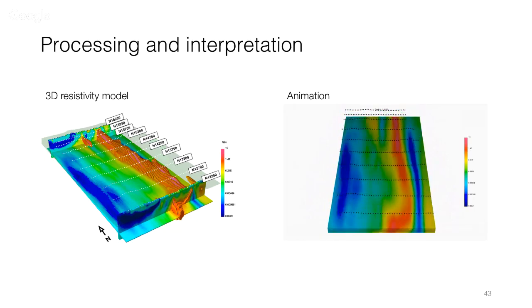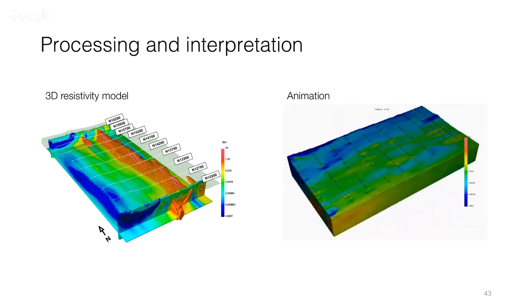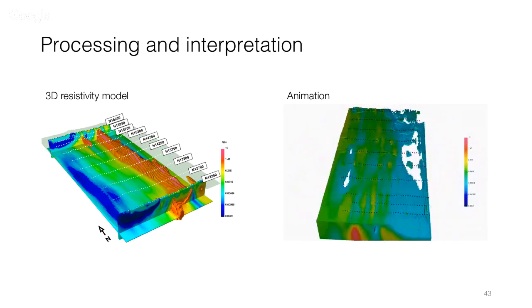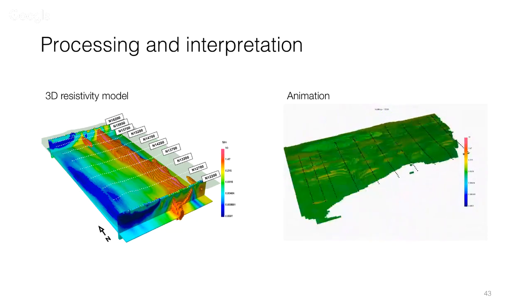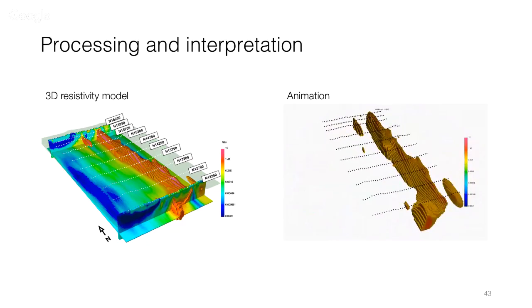You can see there's this big conductor that's coming through there. We did see something on the pseudosections that indicated there would be something there. But now we see this very, very strong geologic feature that turns out to be this black shale unit. So that's sort of the end result.